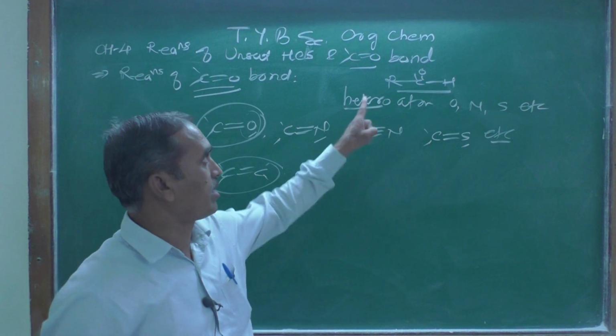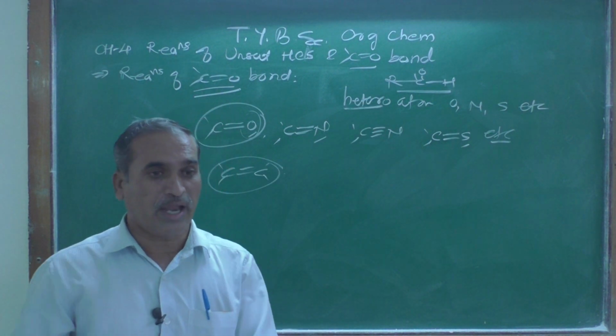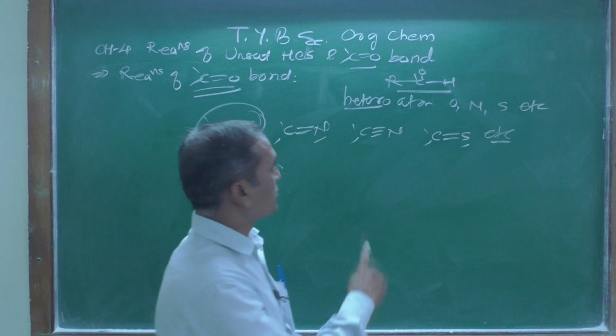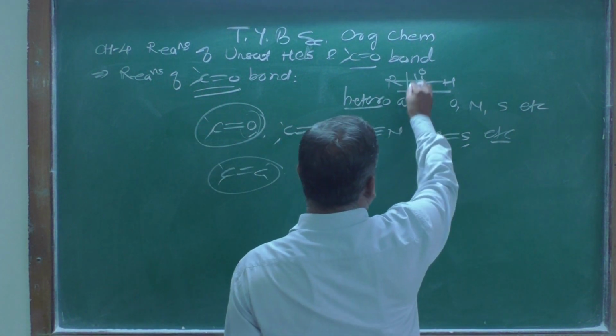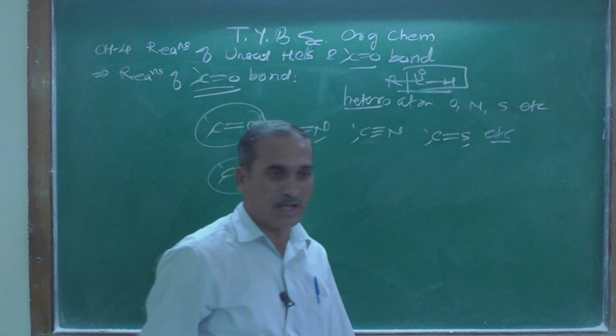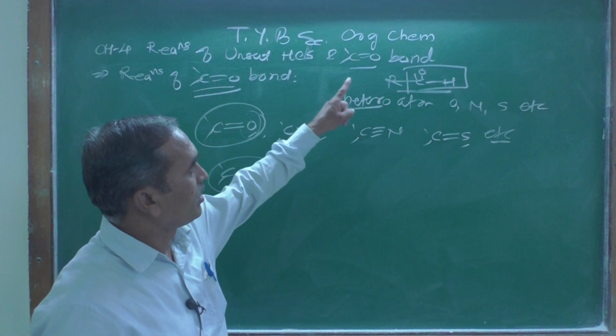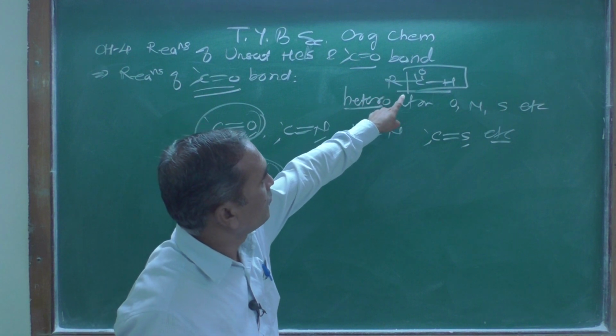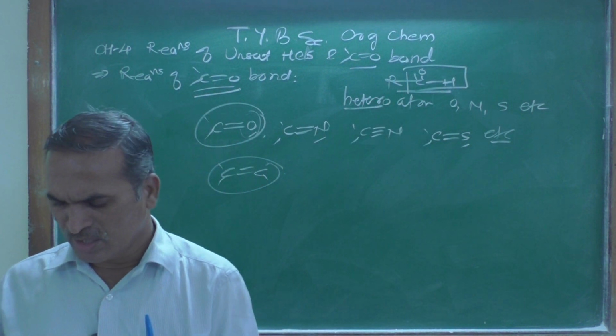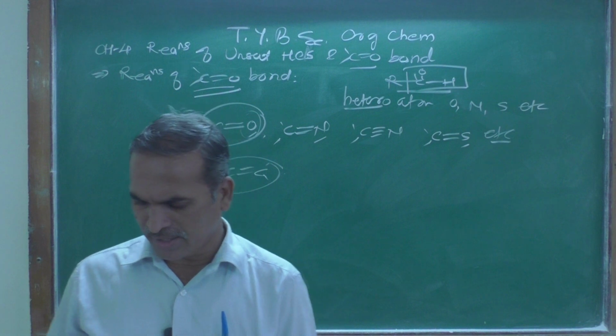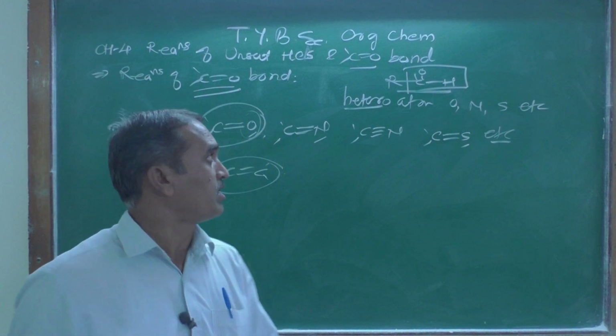And remember, the aldehyde group is always present at the end of the chain. C double bond OH is the group which is called an aldehyde. Aldehydes are compounds generally represented by the formula RCHO. And what does ketone mean?